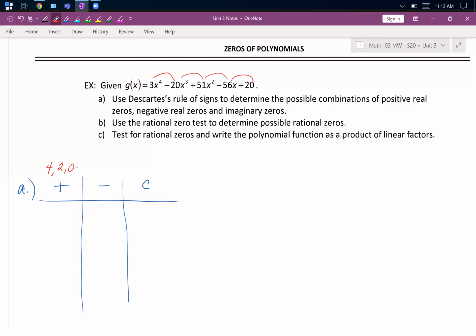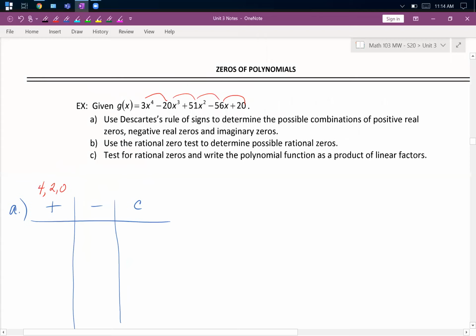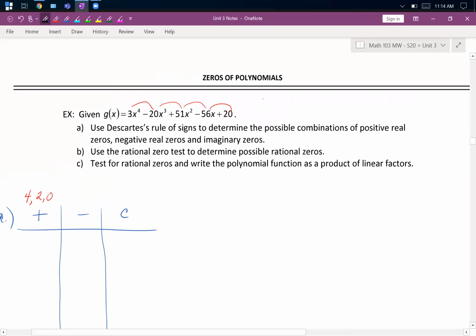Now we're moving on to determine the number of negative real zeros. So we need to look at the number of sign variations in g of negative x. Recall that I mentioned there is a shortcut to finding g of negative x. All you need to do is change the sign of the odd degreed terms.